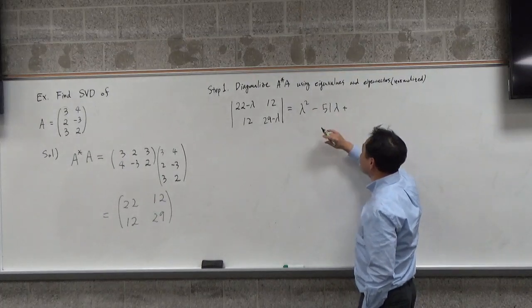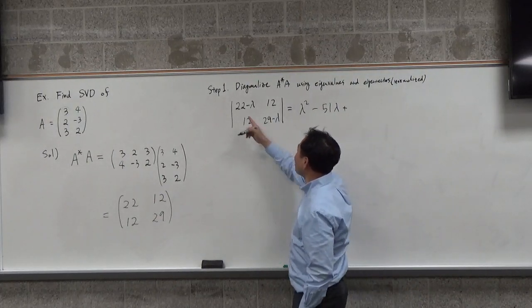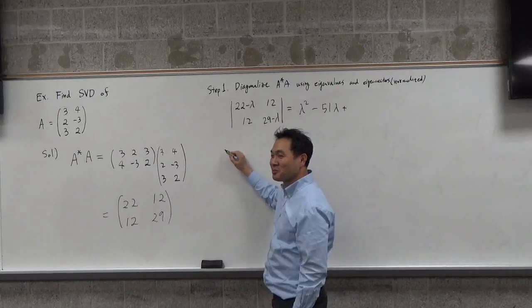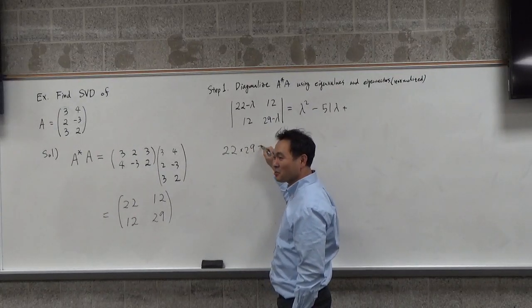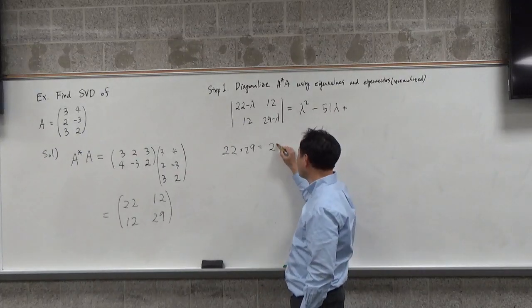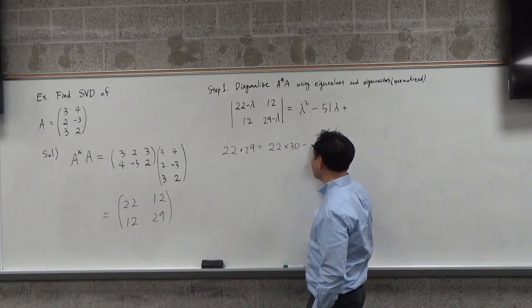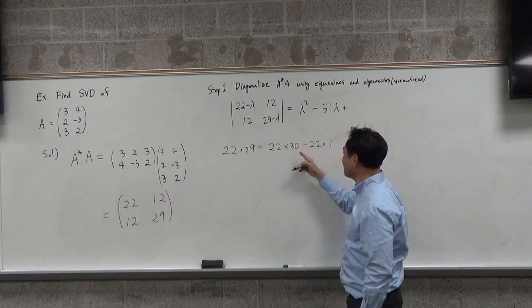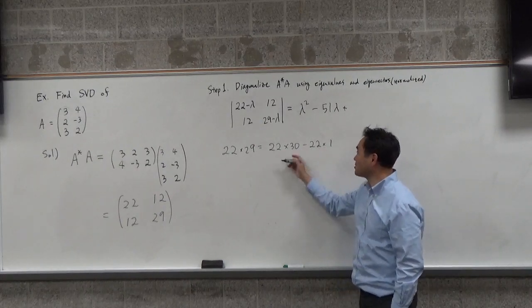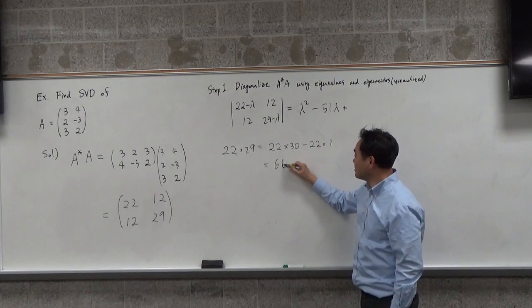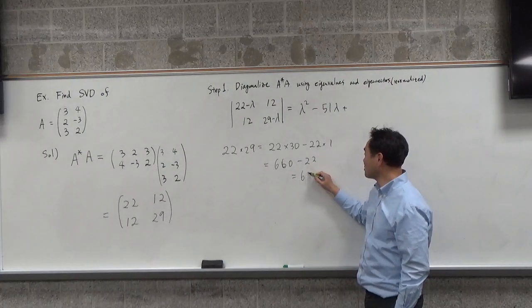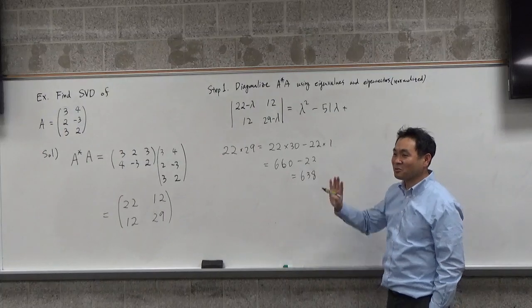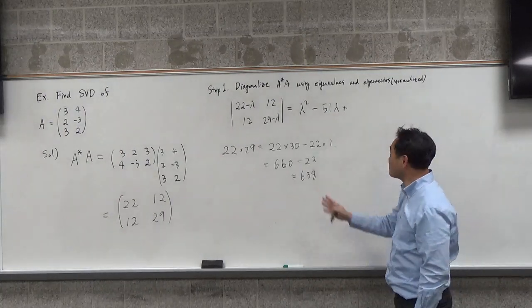Okay. So I actually had to do this in my car. 22 times 29, mental math. So the way I did it was 22 times 30 minus 22 times 1, right? 30 minus 1 is 29. And that's 660. And then minus 22, so that's 638. Okay. And I had to double check that several times in my mind just to make sure that it's correct.